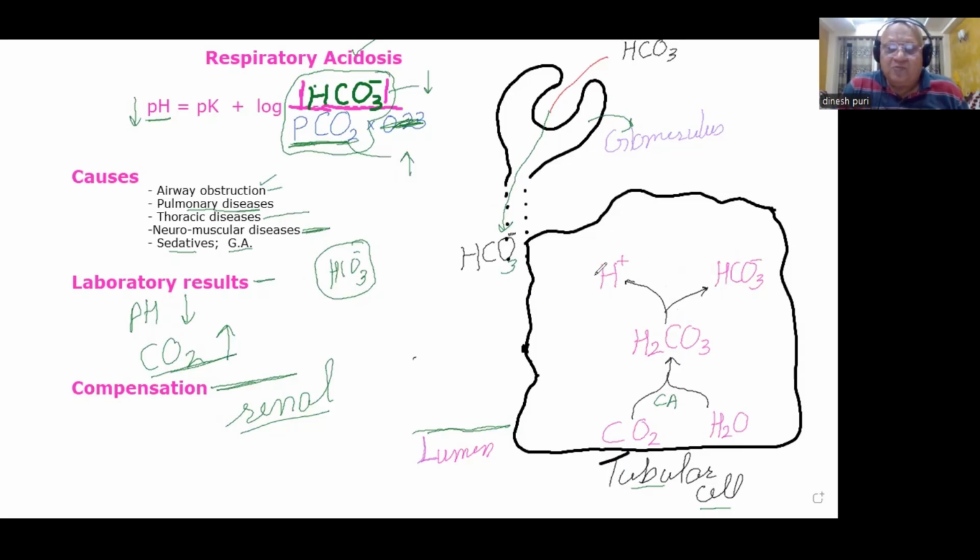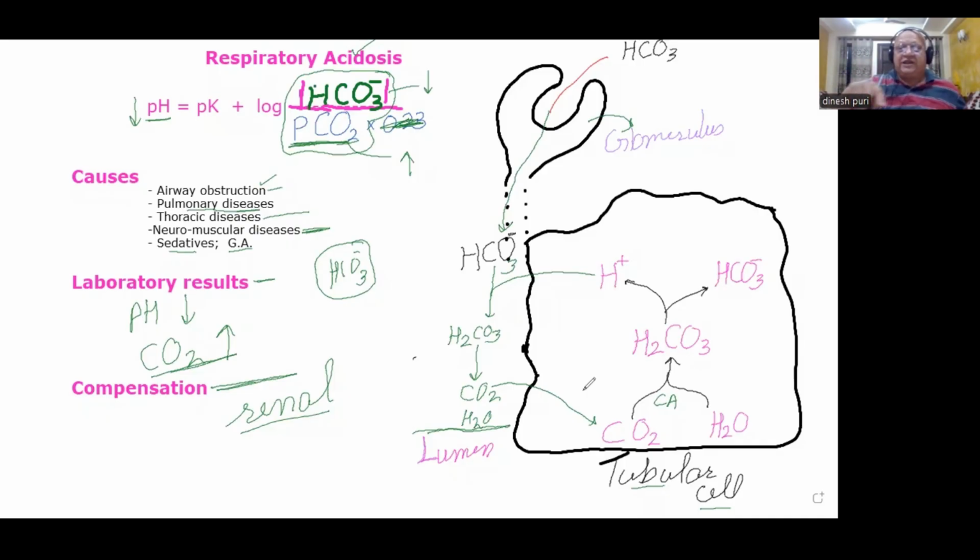H plus moves into the tubular lumen, combines with bicarbonate ion, giving rise to H2CO3, which again by reversal of this reaction forms carbon dioxide and water, and carbon dioxide diffuses into the tubular cells and again participates in the same cycle of reaction.